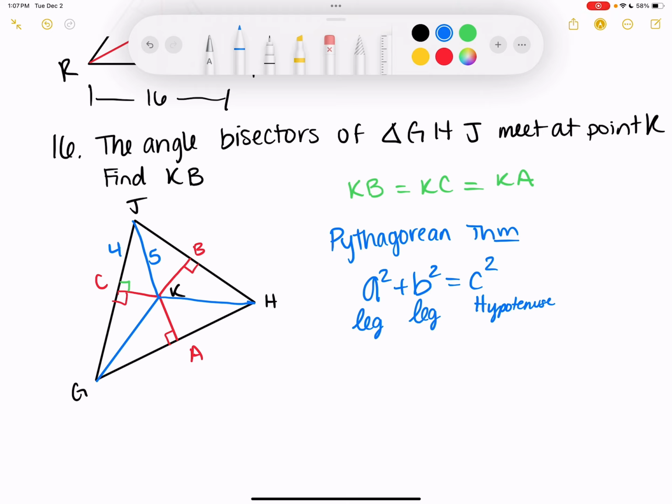It's opposite of the right angle. So I know one of the legs, and the other leg is what I'm trying to solve for, because that's going to give me KC. So I'm going to do 4 squared plus b squared equals 5 squared.